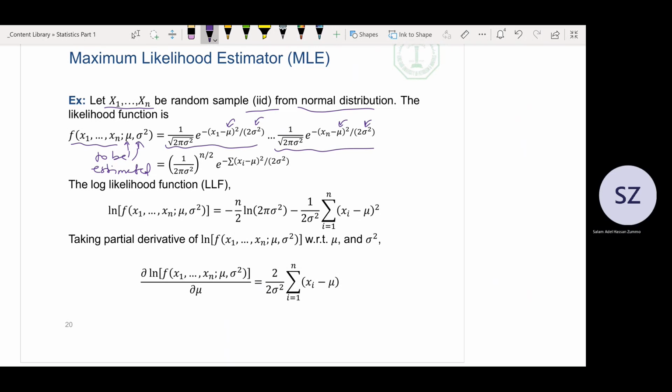Now, this is the joint PDF, from the product that we discussed. Just writing them together, it would be to the power n over 2, and an exponential of some summation.